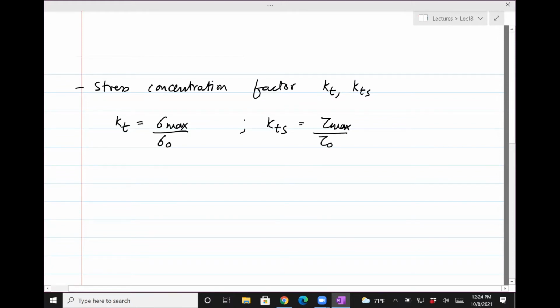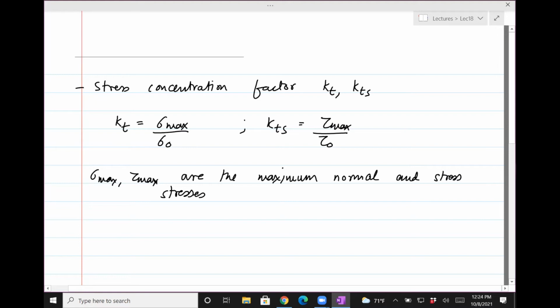So what are sigma max and tau max? Sigma max and tau max are the maximum normal and shear stresses at the discontinuity.